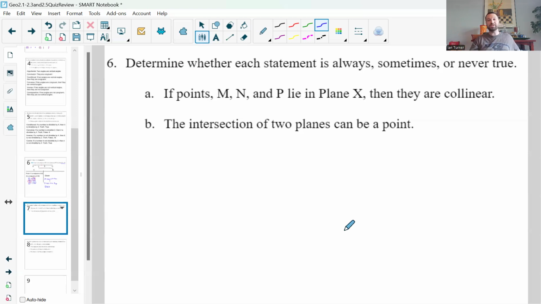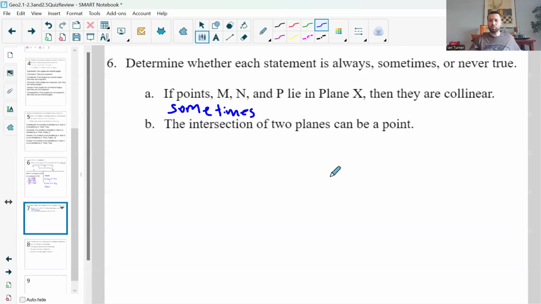If they said there's exactly one plane, plane X, that goes through the 3 points, then you know that they're non-collinear. So I'm going to say sometimes here because you could say these are on a line in plane X, and so they are collinear, and that there's other planes that go through them, or maybe they're spread out. We need more info there.